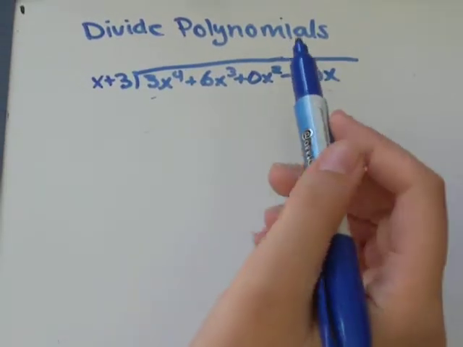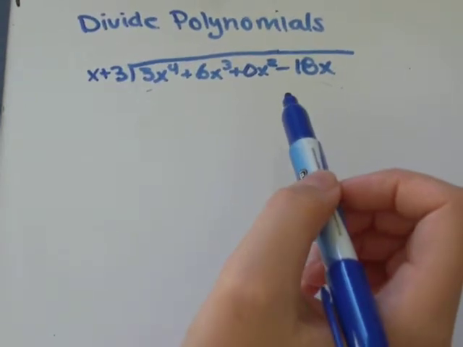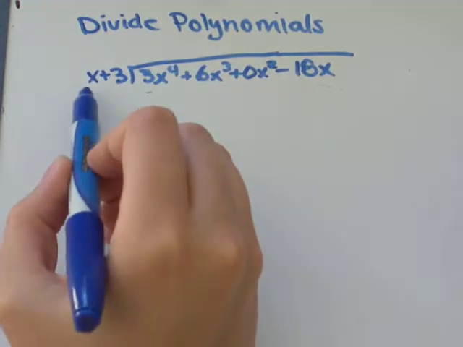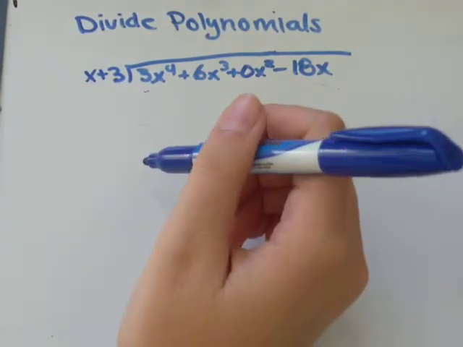So let's start. We need to think, what combination of numbers and x's multiplied by x, don't worry about the plus 3, just multiplied by x, will be 3x to the power of 4.